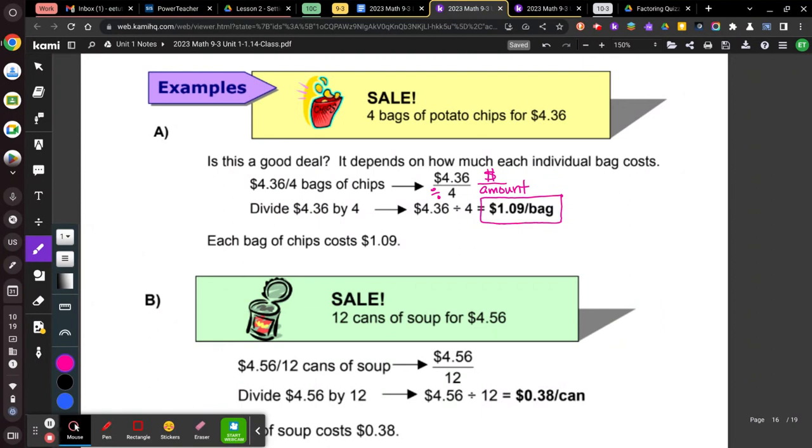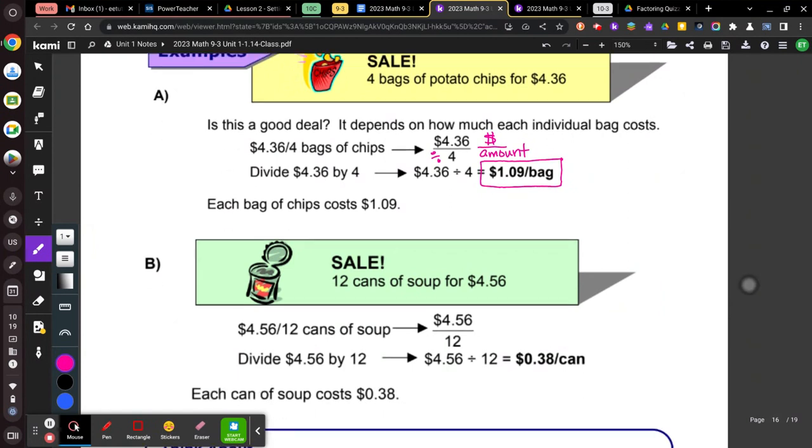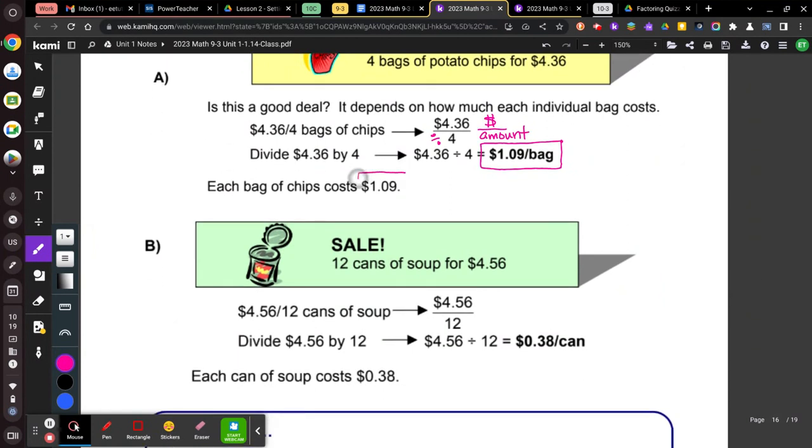Now, how did they round that? It's exact. Sometimes you get extra numbers like our previous question, but this one is exact. So you need all the decimals because we have dollars and pennies. So that means each bag of chips on that sale cost $1.09.